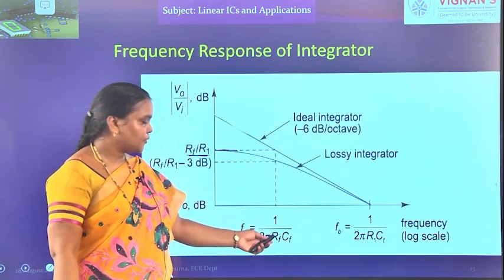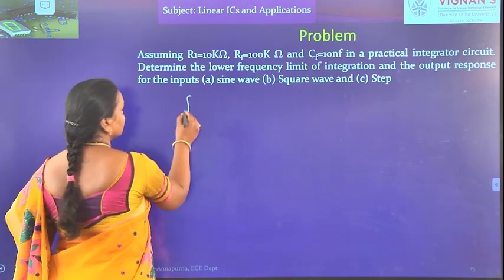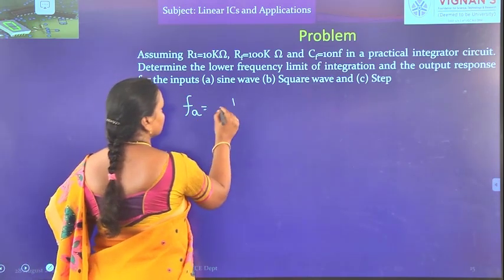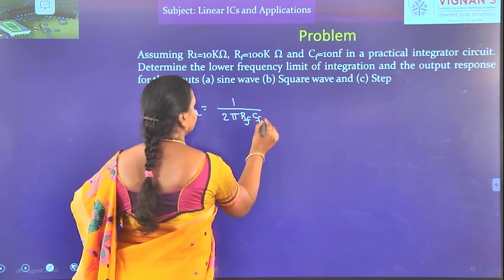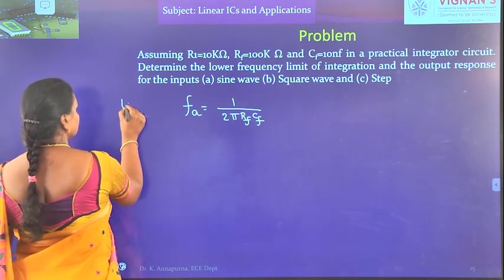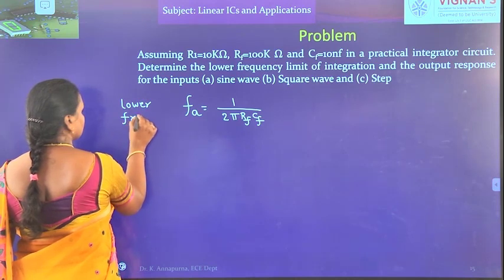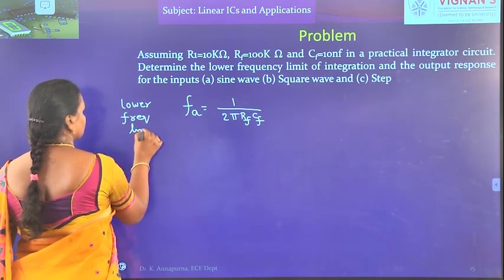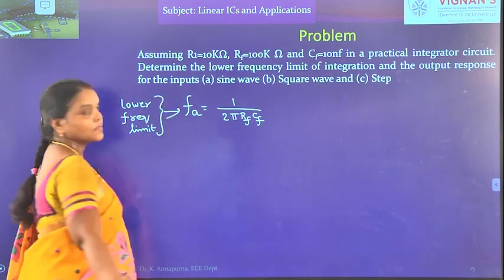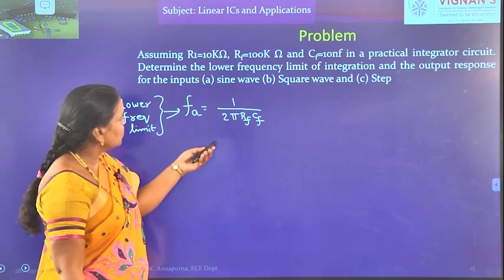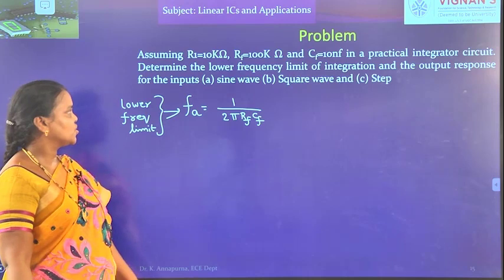So, what is this? 1 by 2 pi Rf Cf. Already they have given you Rf and Cf, so from that you can find the lower frequency limit of integration.